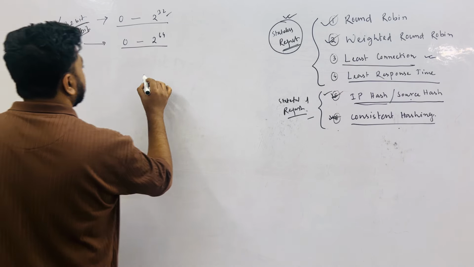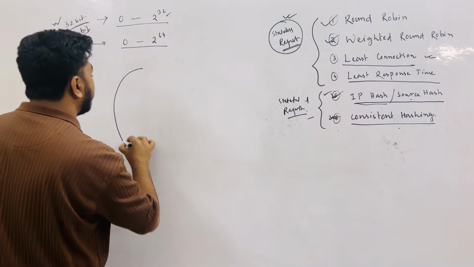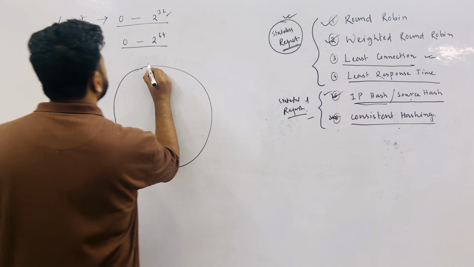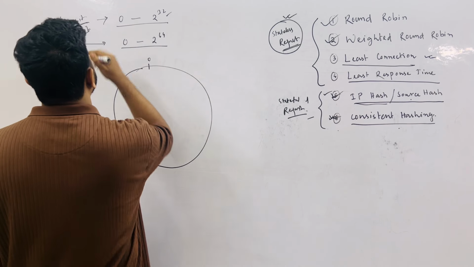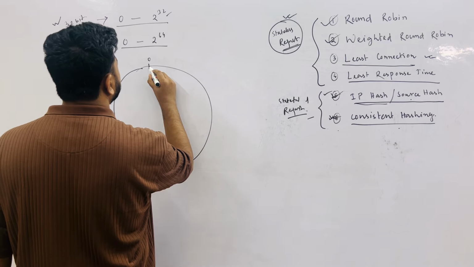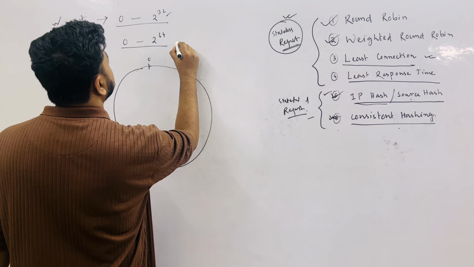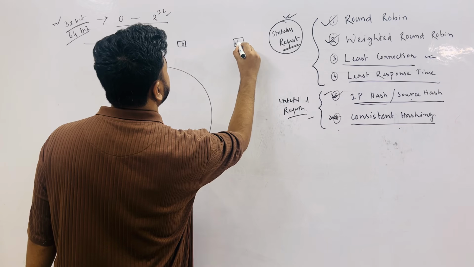Now, in consistent hashing, we make a circular hashing. What that means is, I am considering a 32-bit machine. From 0, if you take an array, the array's first index will be 0 and the end index will be 2 to the power 32, right.